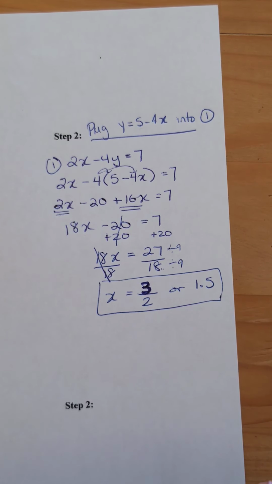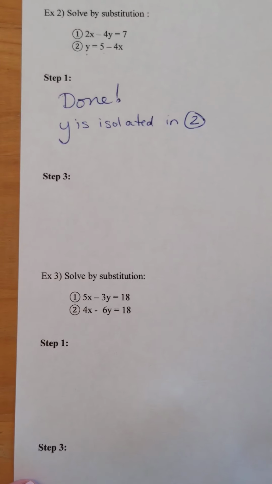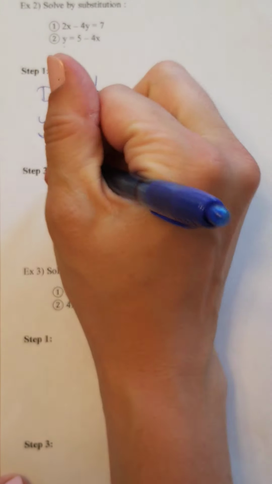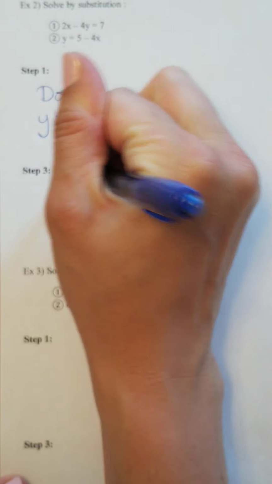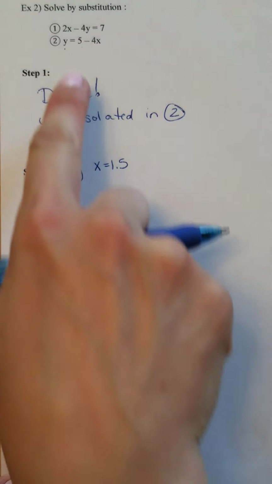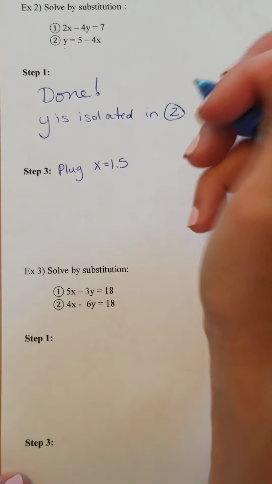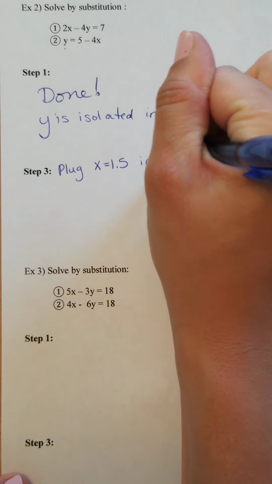All right, and the final step is to take what you just found and plug it into either equation. So step 3, I'm going to take my x equals 1.5 and plug it into either equation to solve for the variable I'm missing, which is y. So I'm going to plug it into number 2. You can plug it into number 1 if you want.